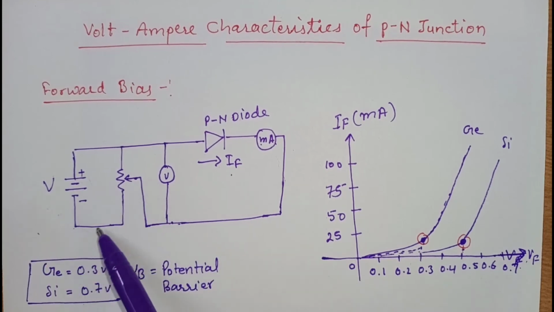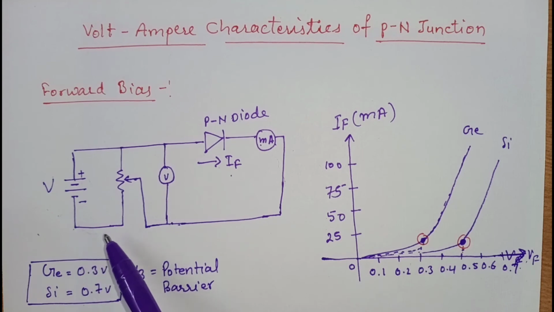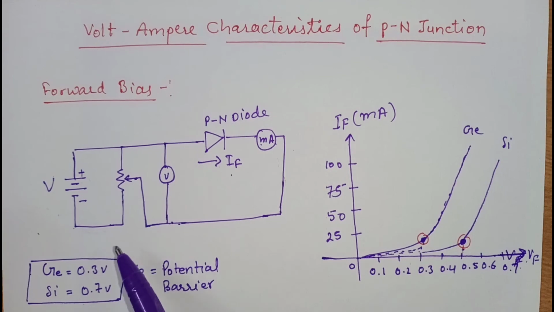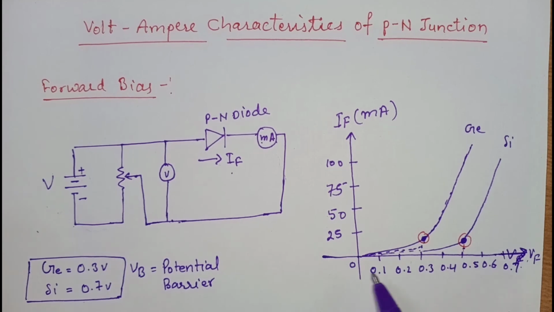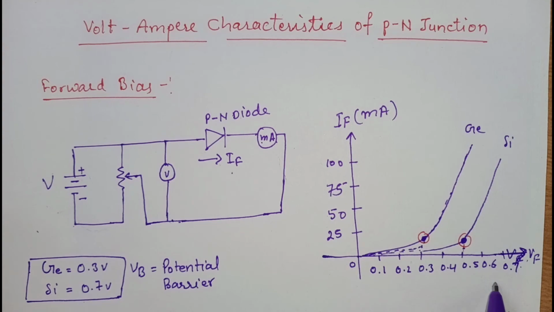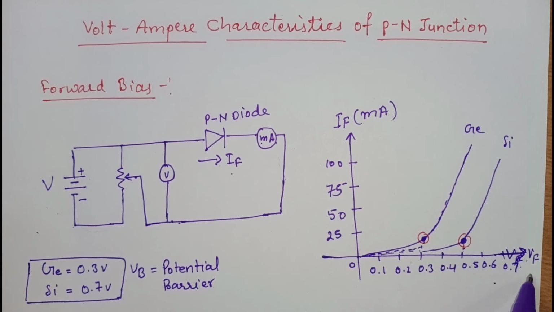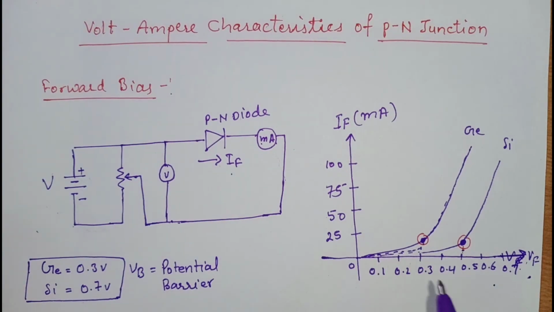Initially, we will increase the voltage in steps of 0.1, 0.2 and 0.3, in gaps of 0.1, so we can easily find the barrier voltage or threshold voltage. We can see in this graph, across the x-axis is the forward voltage that we have applied and this is the current through the PN junction.